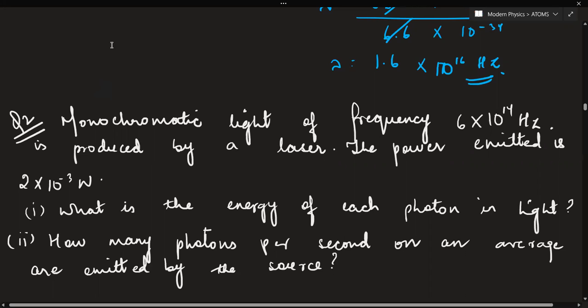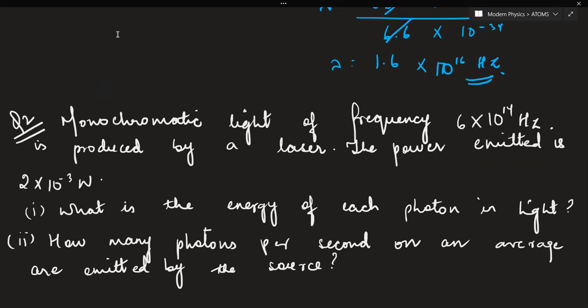So we have to convert into eV. See, power is given in SI unit only. Frequency is also given in the SI unit. Power's SI unit is watt, and frequency's SI unit is hertz. So first we have to find energy, E is equal to h nu.